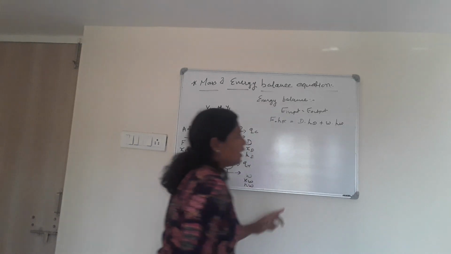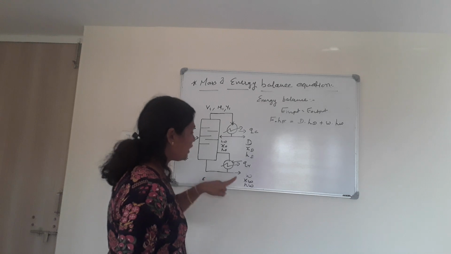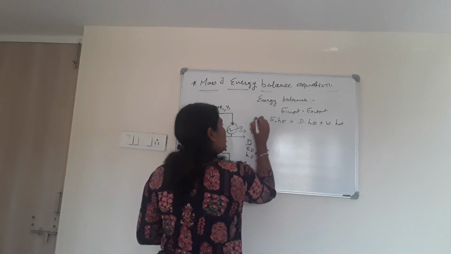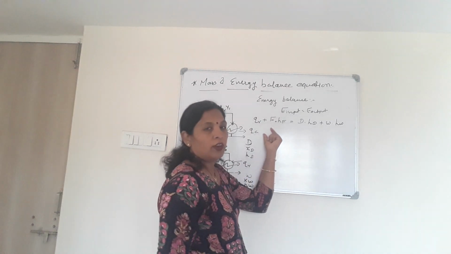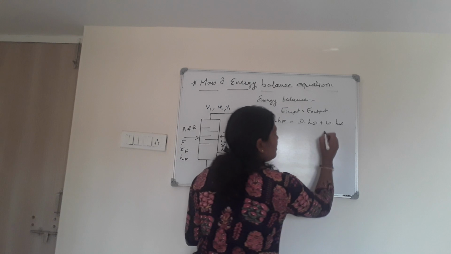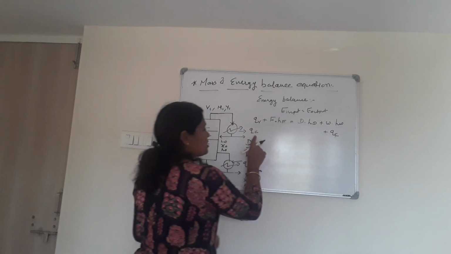After writing this, we have to consider what the energy inputs are. We are adding energy in the reboiler, so we have to write here the energy added in the reboiler, and where we are removing energy, in the condenser we are removing the energy.